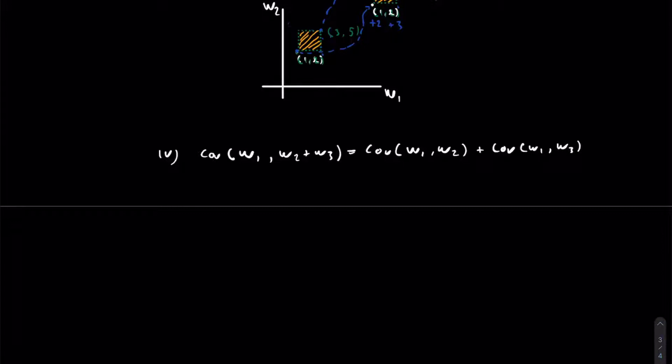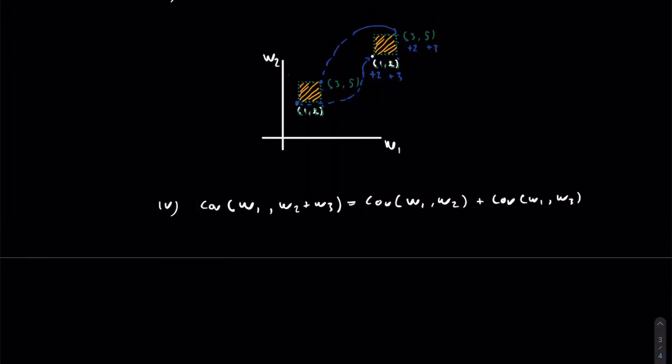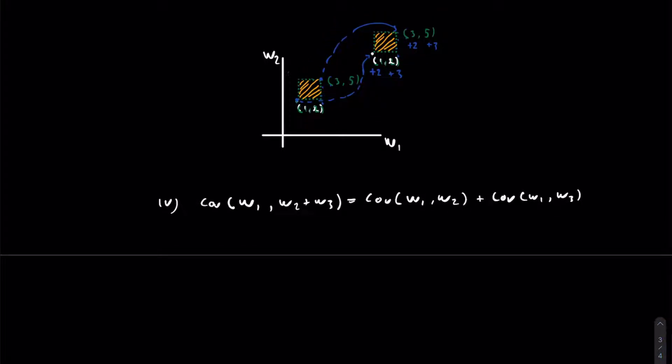Why is that true? Okay, so we can view this basically in two ways. One is again adding another rectangle.